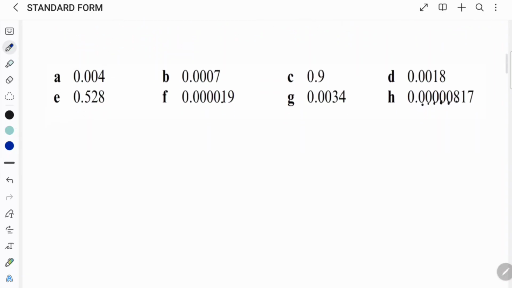All right, you must have done it. So part A, 0.004. I've already told you about 0.03. That was 10 to the power minus 2. So the 4 is at the third place: 1, 2, 3. Like if it is 0.1, then it's at the first place, so 1.0 times 10 to the power minus 1.